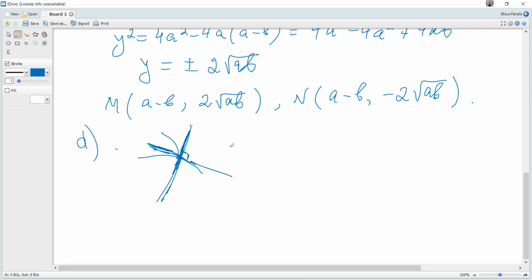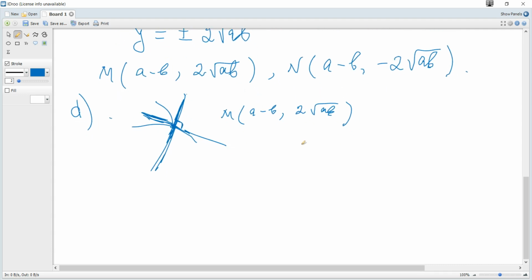And we consider this at point M with coordinates a minus b, plus 2 root of ab. So to show that the curves intersect at right angle, we can show that tangents are perpendicular, and we know that the gradient of a tangent is the derivative at the point.